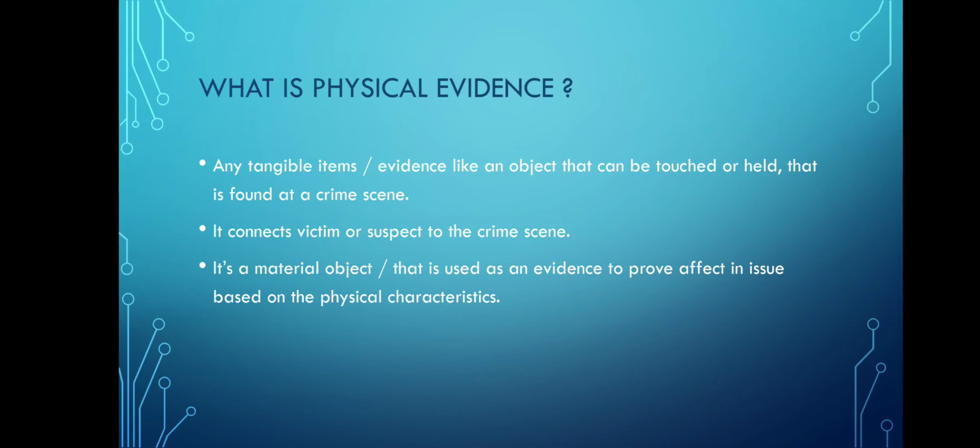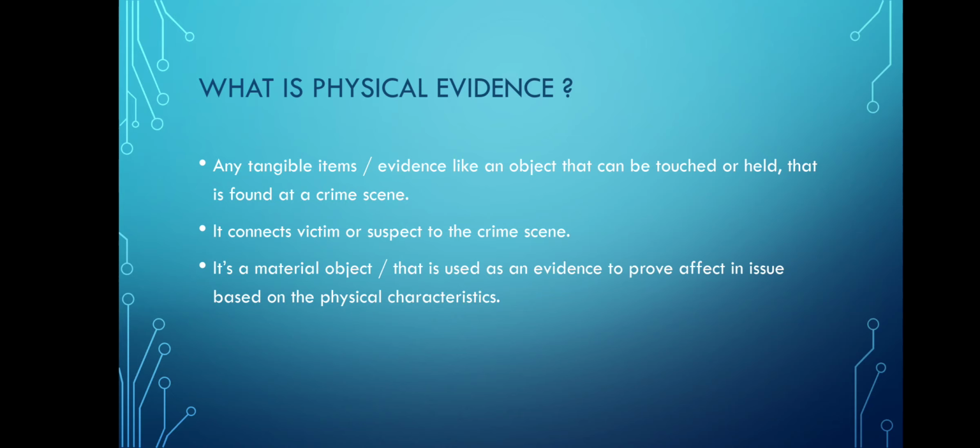Any tangible item or evidence, like an object that can be touched or held, that is found at a crime scene. When we go to a crime scene, whatever object is there, we can see it through our naked eye and we will be able to touch it.